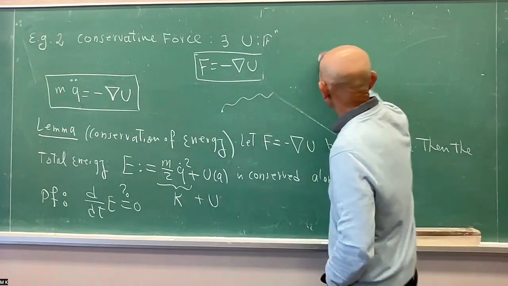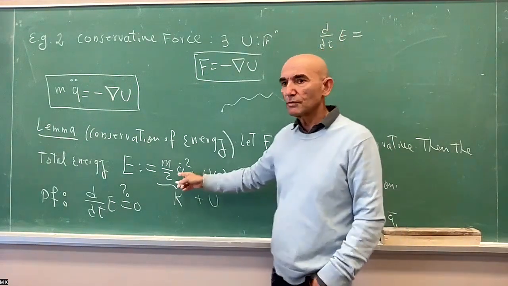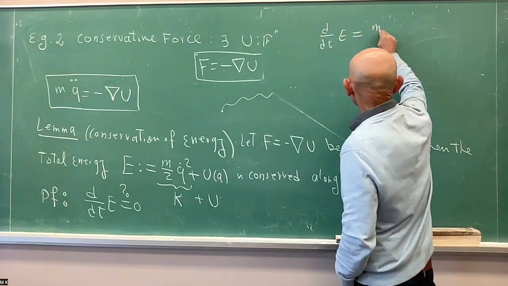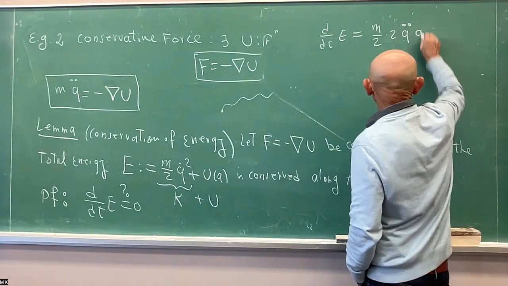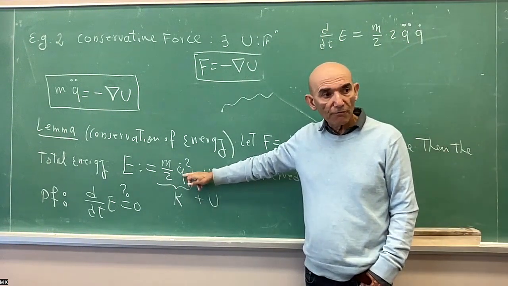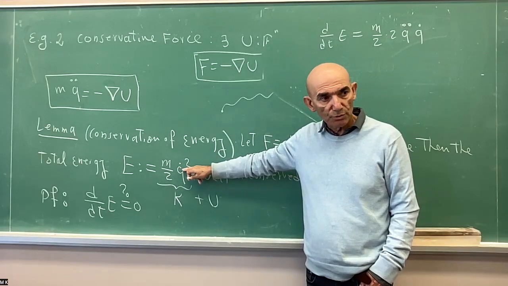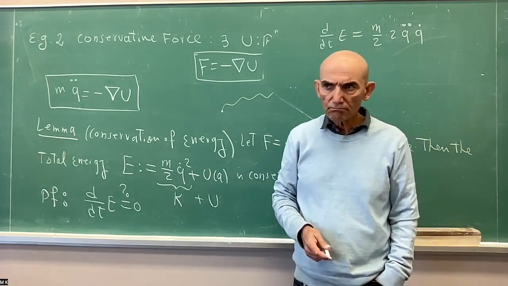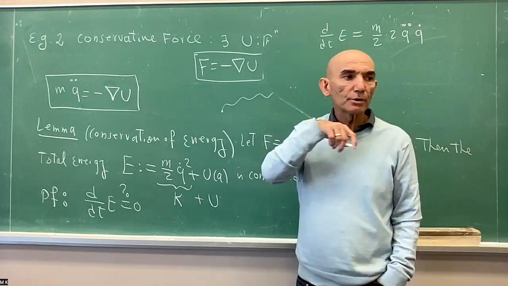So d/dt of E is equal to, we just go here. The derivative of that term is m over 2 times 2 times q double dot times q dot, because this is a function of time. We are on a path. By using the product rule.